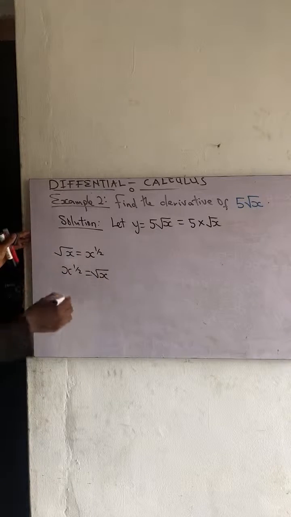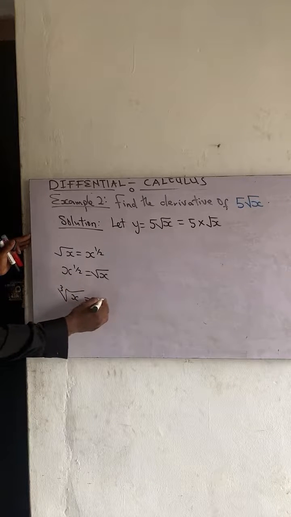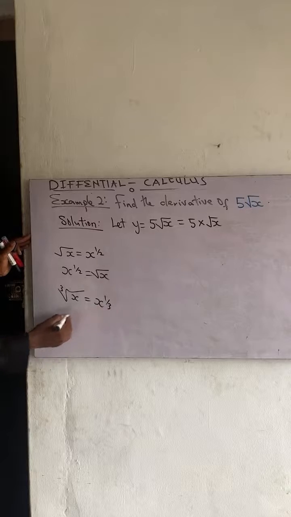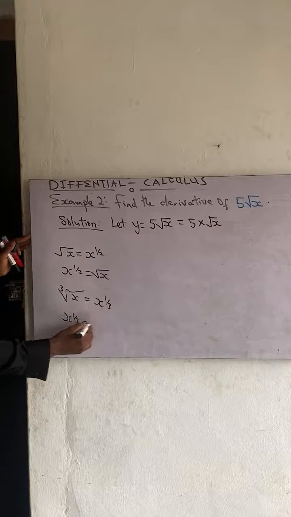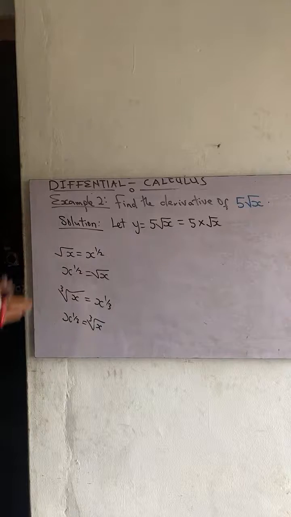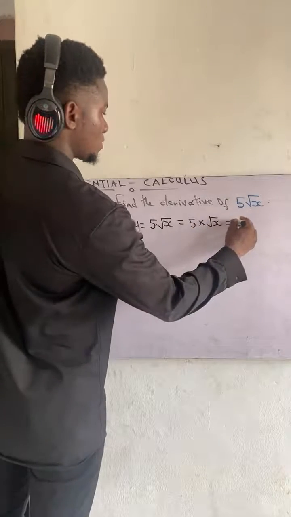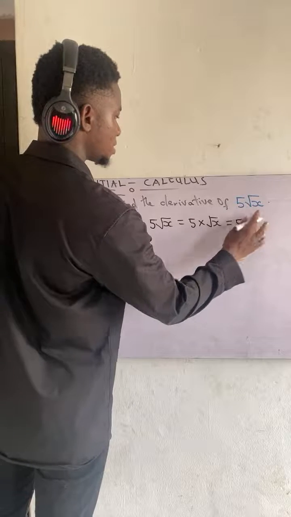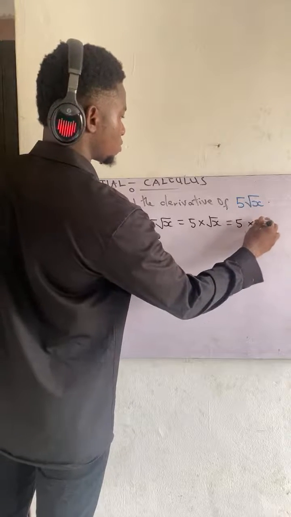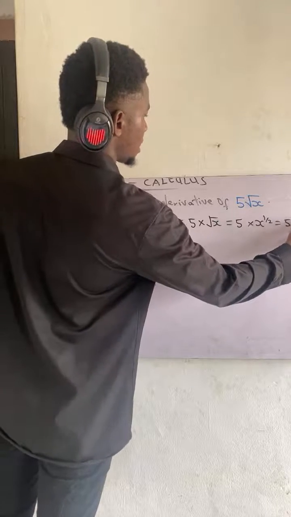The same thing is applicable to cube root x. It can be written as what? x raised to power 1 over 3. While x raised to power 1 over 3 can also be written as cube root x. So that is how it goes. So this simply means that I can re-express this particular expression as 5 times x raised to power half, and this will be 5x raised to power half.